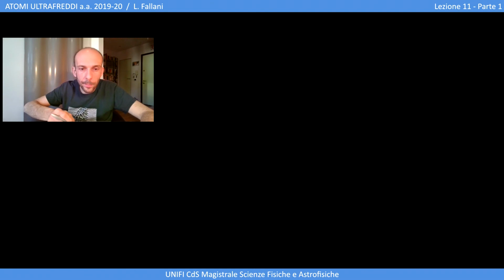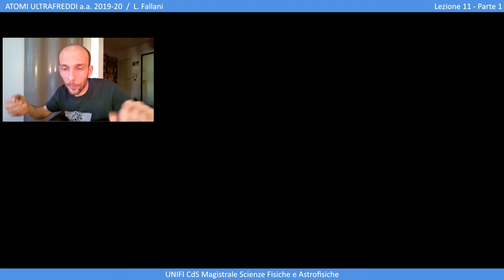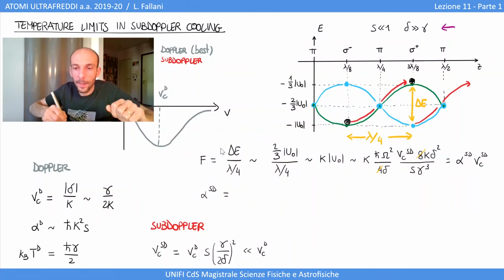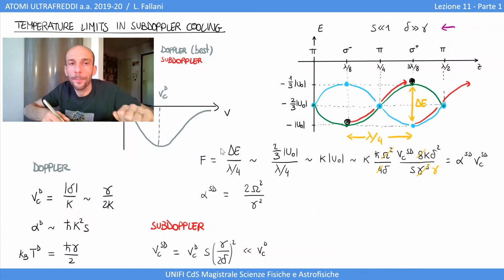Okay, so let me now erase these and write that alpha subdoppler, this friction coefficient, can be written the following way after some simplifications. So we have 8 and 4, that makes 2. Then we have omega square. Then I'll take gamma square and write it here, for reasons that will be clear in a moment.